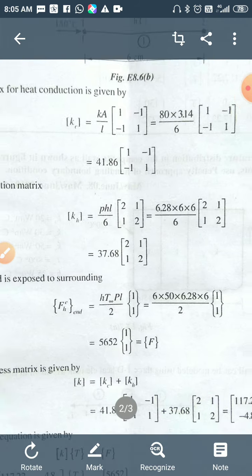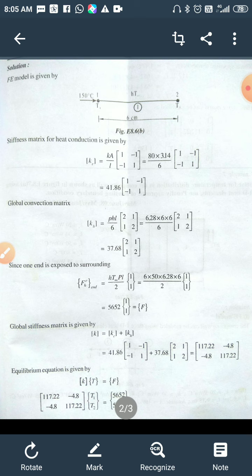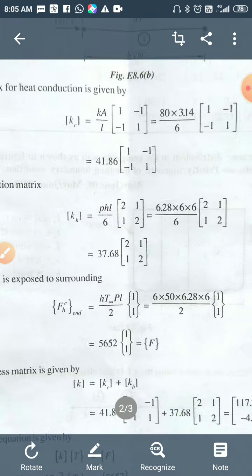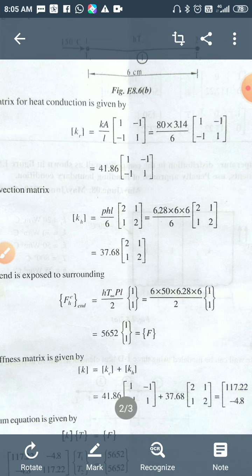Now we are going to determine the temperatures. First we draw the FE model, that is the line diagram. On the left side the given temperature is 150 degree centigrade, and the right side is the free end, with the surrounding temperature, that is h into T infinity. You have to mention this.